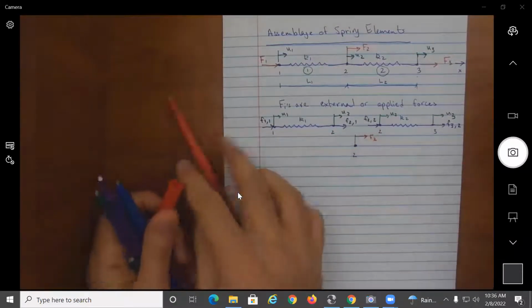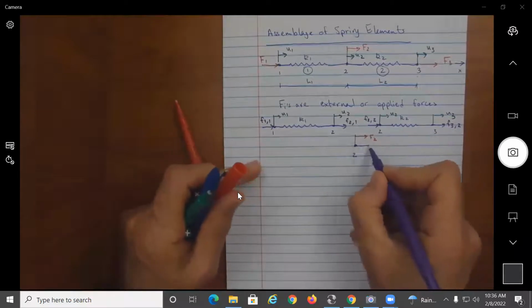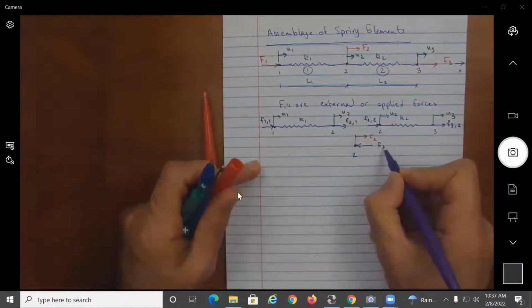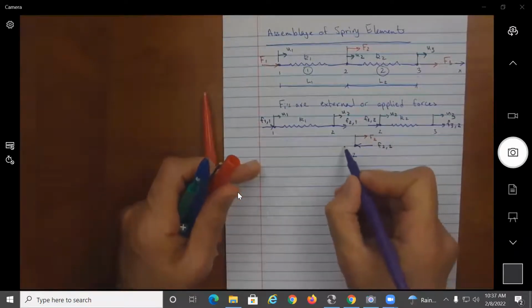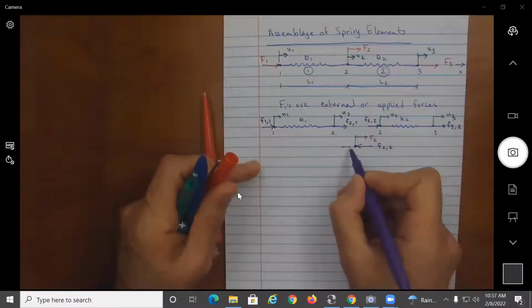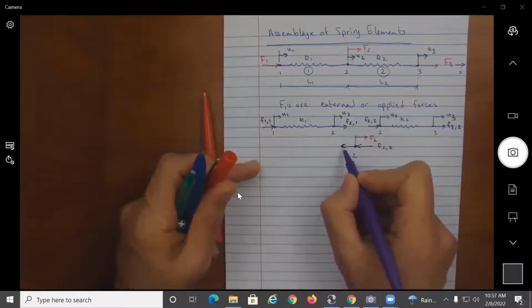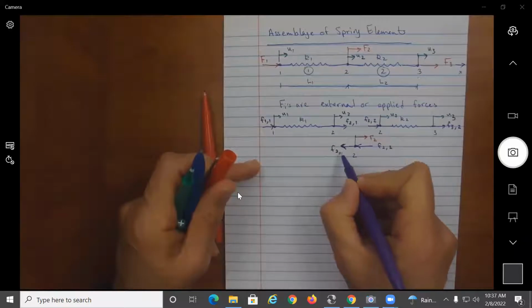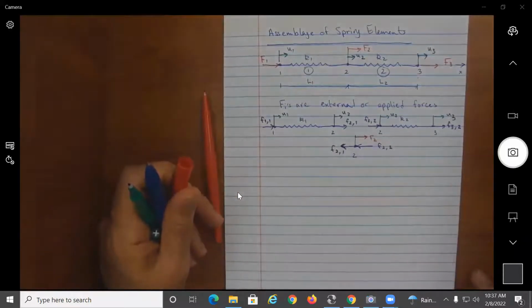So I'm going to get from this side an F2, and from this side an F2. Are we good so far?